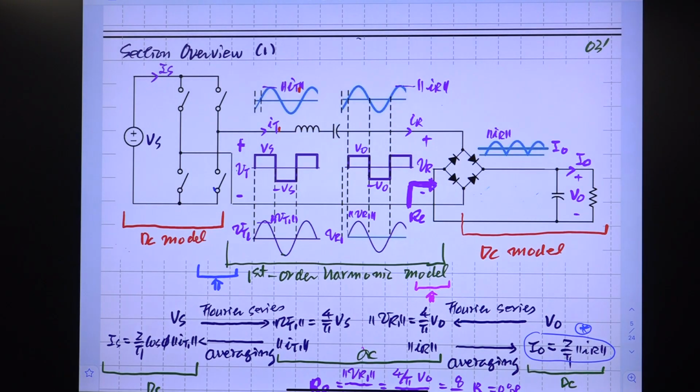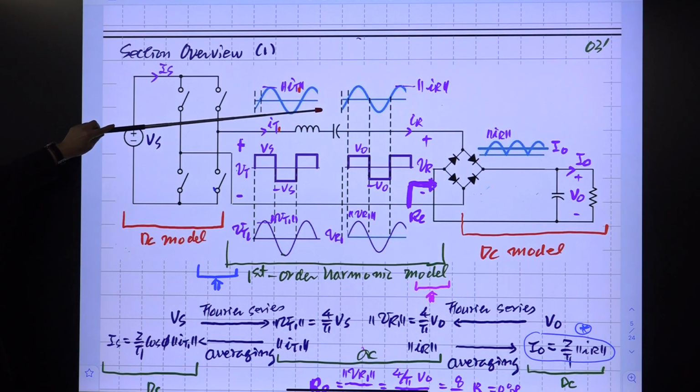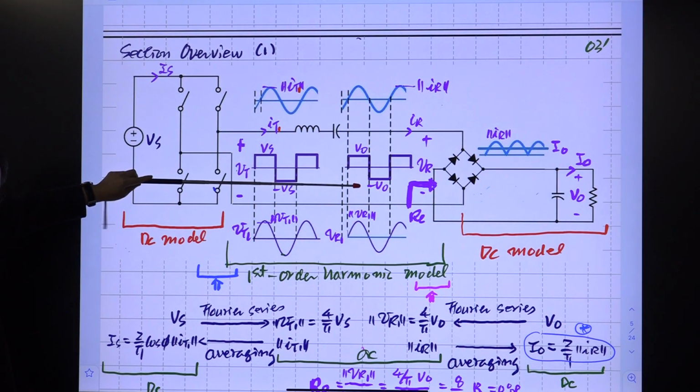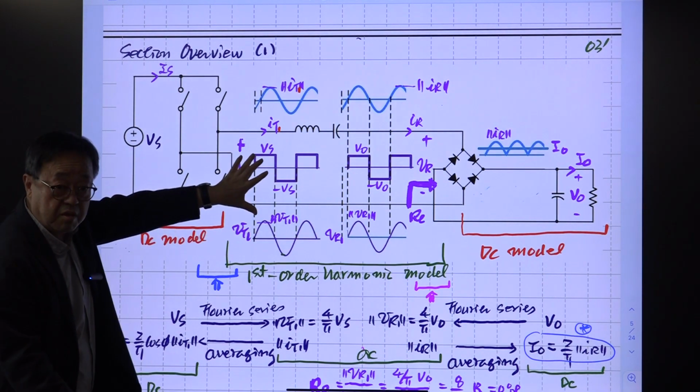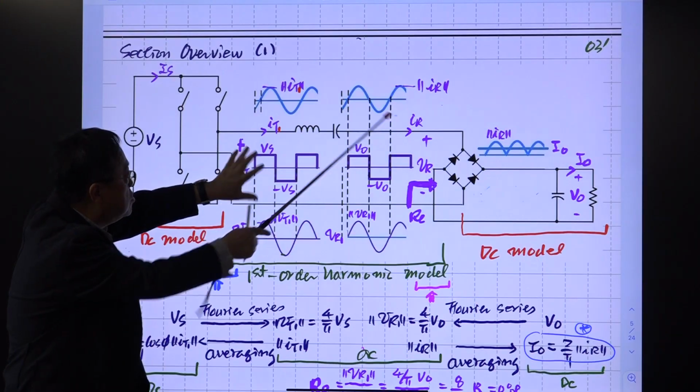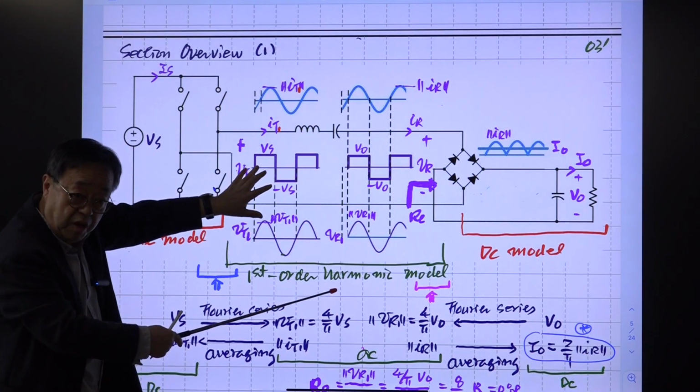So I should use IT1. Previously I said we use IT and I1 interchangeably. This is the actual waveform, but the circuit only responds to this and this. So forget about this. Consider this as the current waveform and this as the voltage waveform.